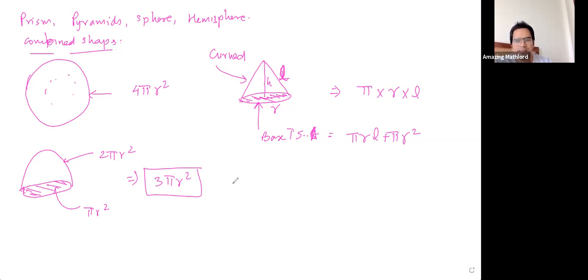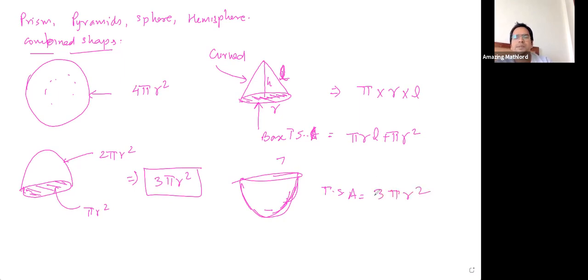So let us say there is a metal bowl, assuming it's a solid bowl, and its radius is 7. I wanted to find out the total surface area for this particular bowl. So the total surface area of a hemispherical bowl is 3 pi r square.